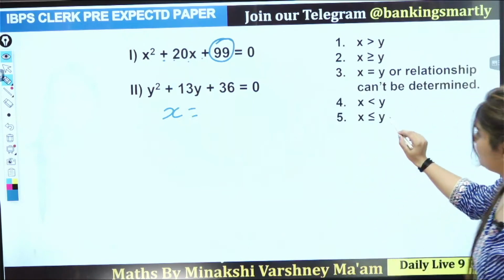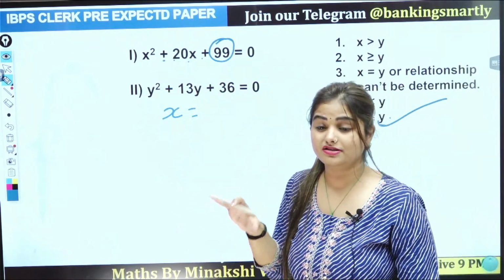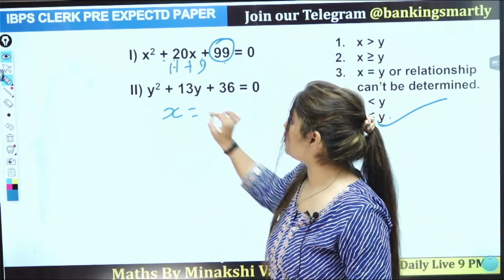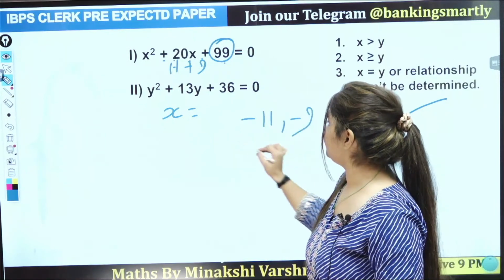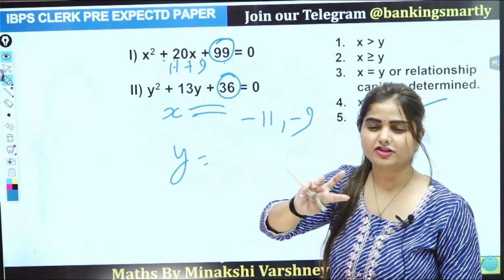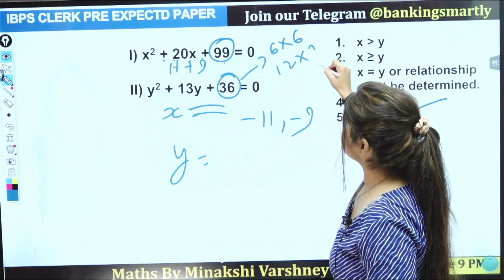Okay, option number 5. But how to do it, you have to learn first. So there is 99, so 11 and 9 both are positive, that means minus 11 and 9 is x. What is y? There is 36. You have 3 options here: 6 6s are 36, 12 3s are 36, and 9 4s are 36.